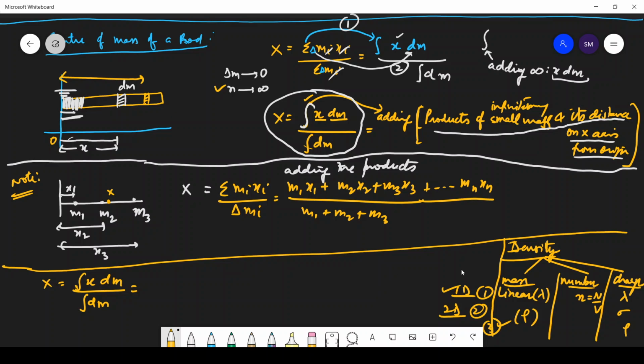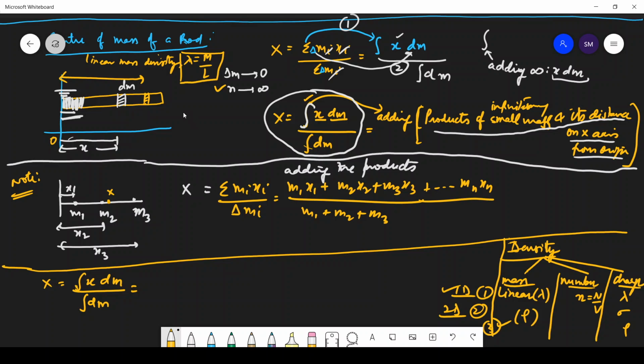Yes, sir. So linear mass density, its symbol is lambda. Lambda is equal to mass upon L, because linear means only length is there. So lambda equals M by L. This is the density.